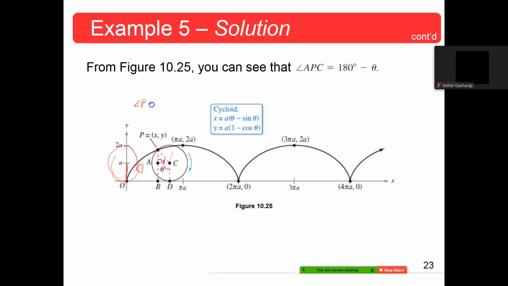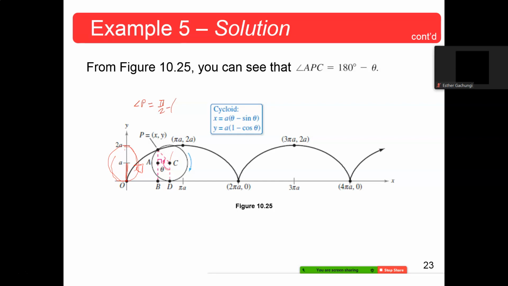That angle P is pi halves minus that portion right there. Okay? Pi halves minus theta minus pi halves, I think so. Anyway, it gives you 180 minus theta.